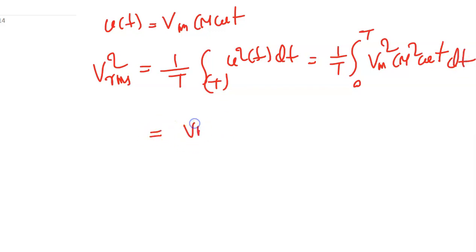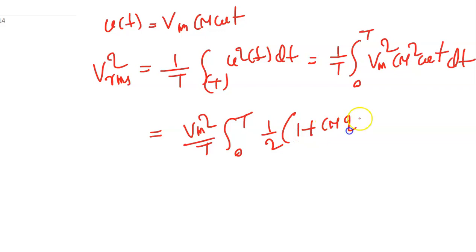So Vm square upon T, integration 0 to T. From basics of trigonometry, I know this cos square omega t can be written as half into 1 plus cos 2 omega t dt.